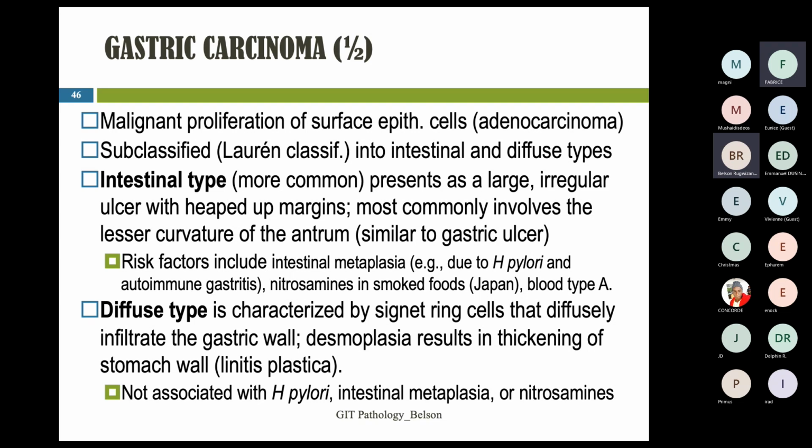But when you go in deep, for example, those who will do surgery or who will do pathology will learn more about them. So this gastric carcinoma, the malignant proliferation of superficial epithelial cells causing adenocarcinoma, because these are epithelial cells and glandular ones.